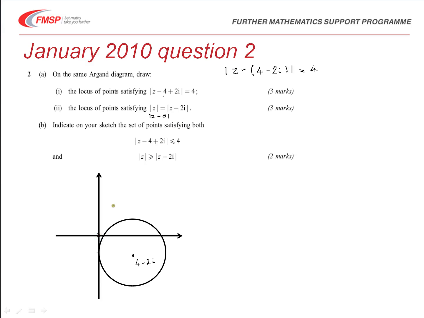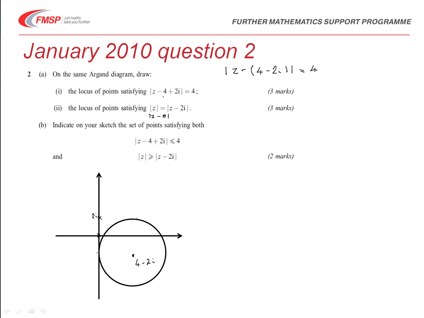The other one is 2i, which is going to be level with the top of this circle. It's there. And so the line that we draw must be a perpendicular bisector between those 2 points.